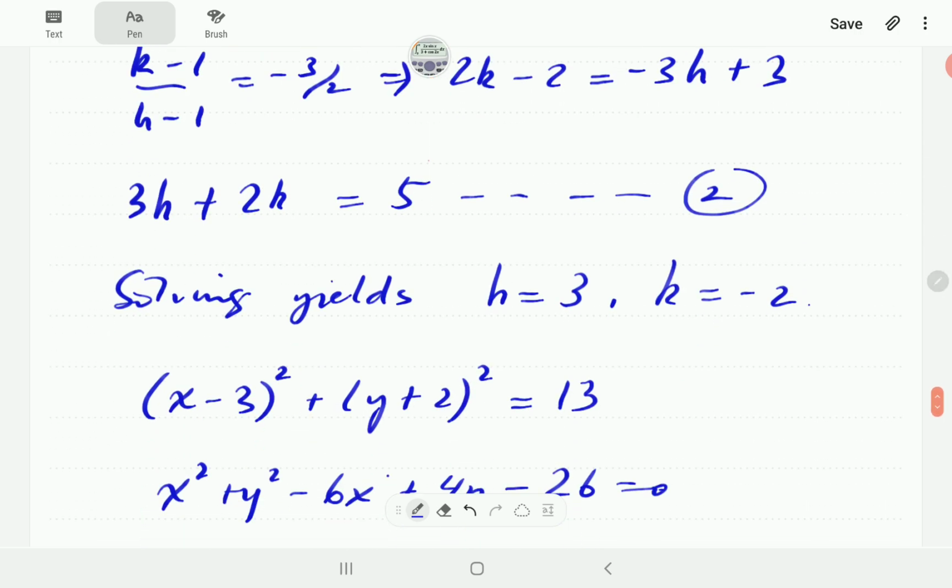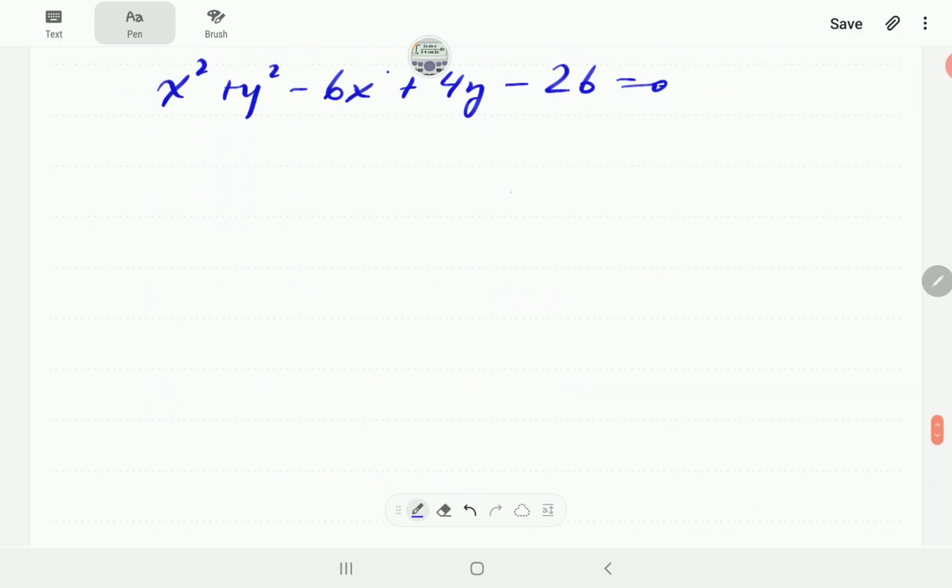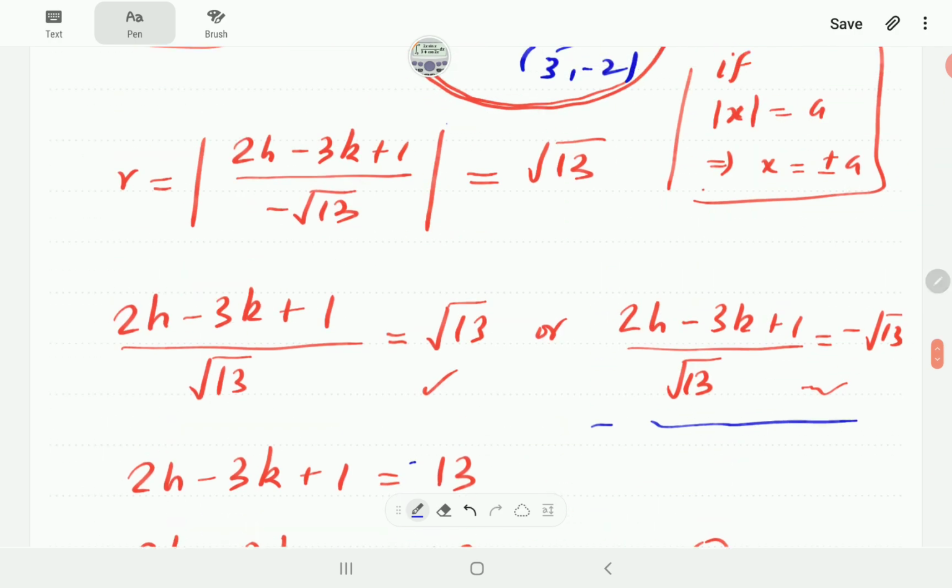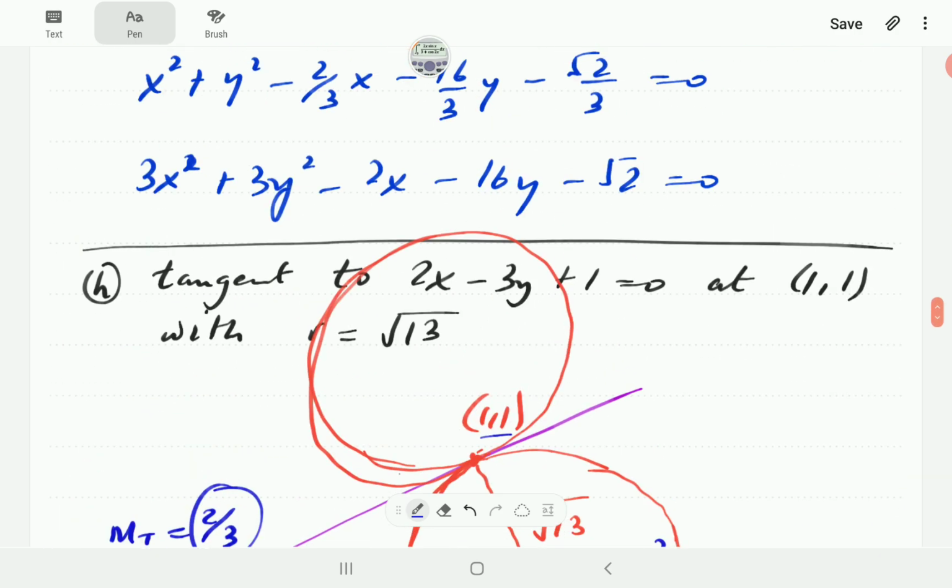And then if you solve it with that, then you will find the other case, and that equation is going to be x squared plus y squared plus 2x minus 8y plus 4 equal to 0.